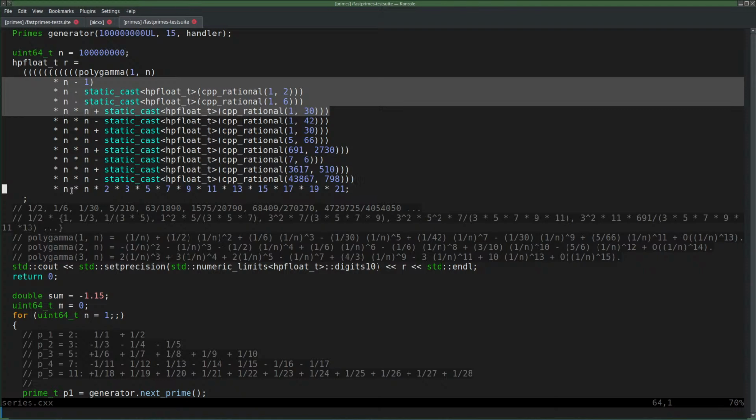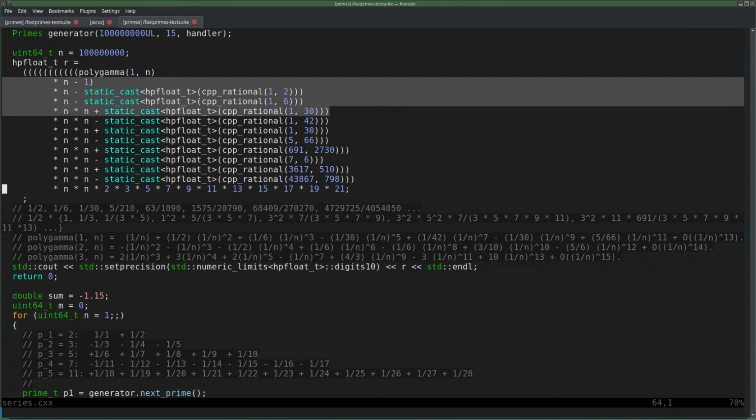So if I add one more, then I have till n to the power 21. I think precision n to the power 23, maybe add even one more, and then it's n to the power 25. Let's go to n to the power 25.